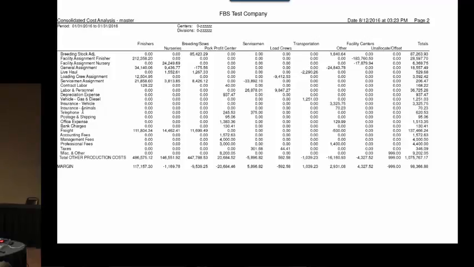So this works for multiple entities, right? Yeah. You would do this process in separate files for different entities. But you can run a consolidated cost analysis across data points.